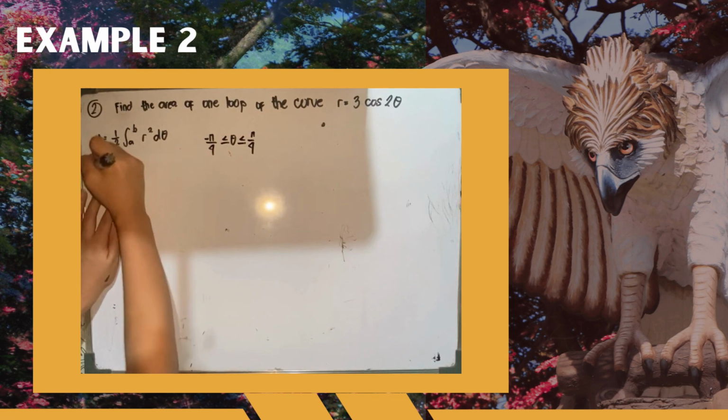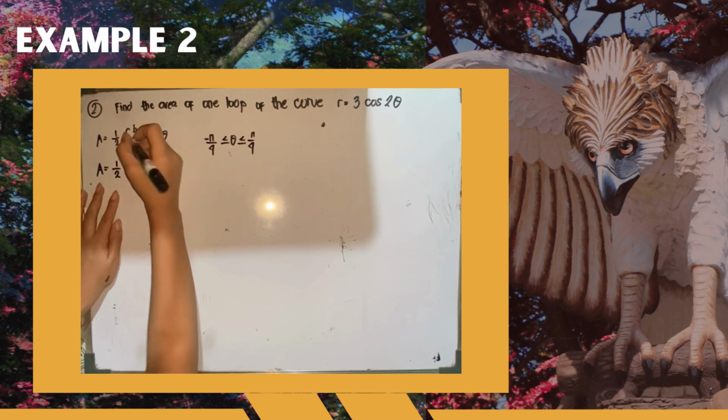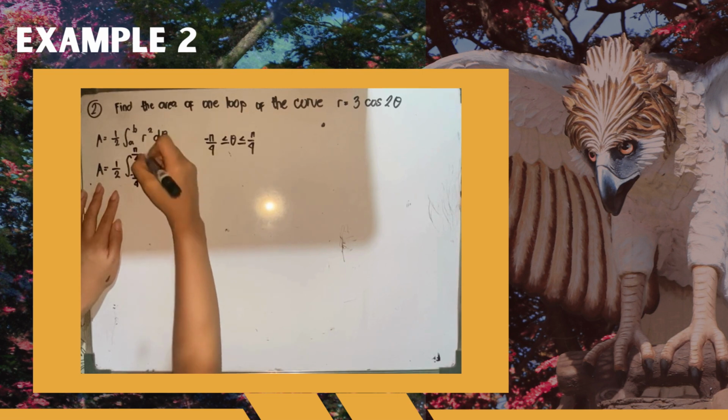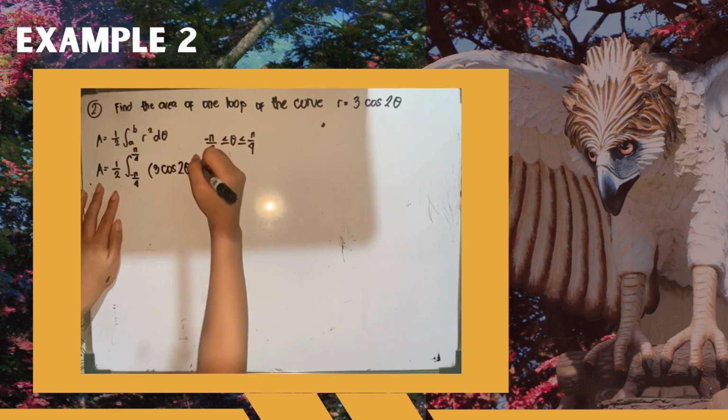Thus, we substitute r = 3 cosine 2 theta. The limits for one lobe become 1/2 integral from negative pi over 4 to pi over 4. We plug in (3 cosine 2 theta) squared d theta.